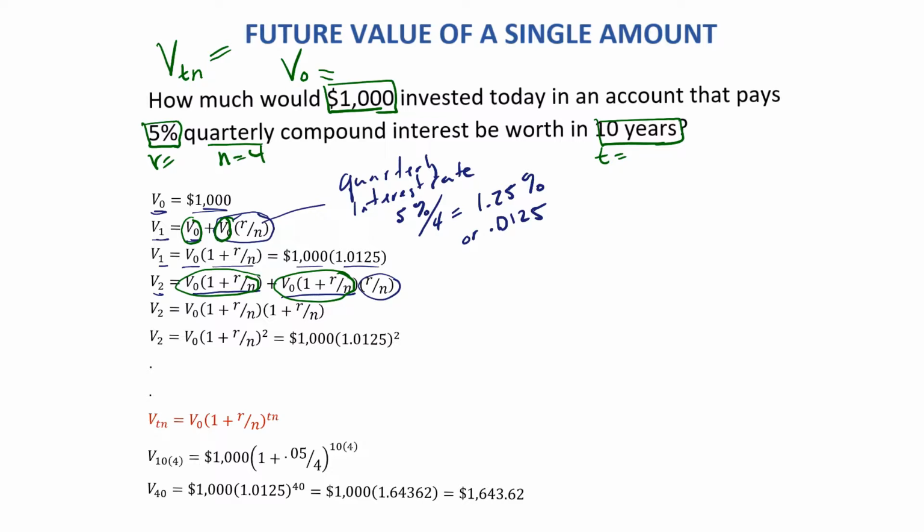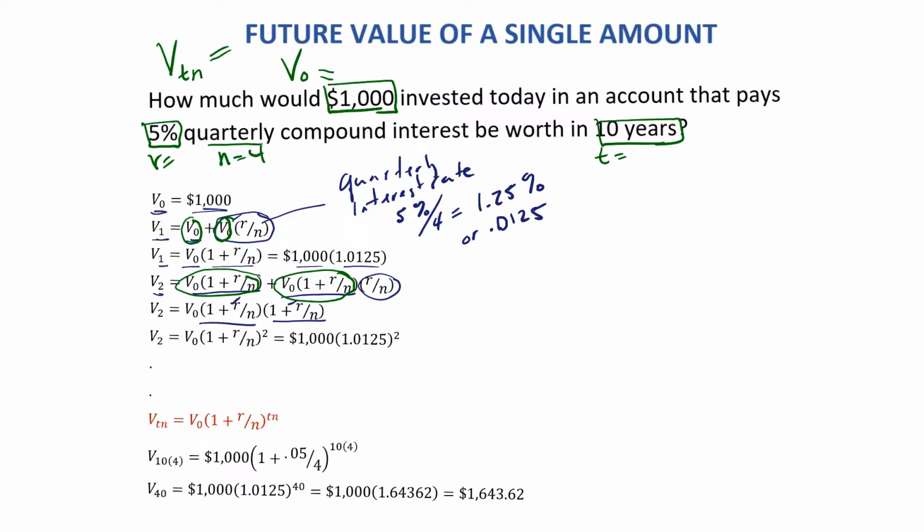And we'll do that. And so what we'll have is the value at the end of the first period multiplied by 1 plus our quarterly interest rate.